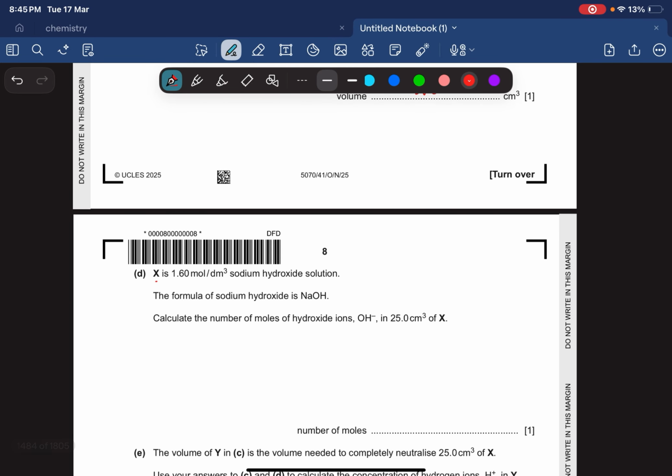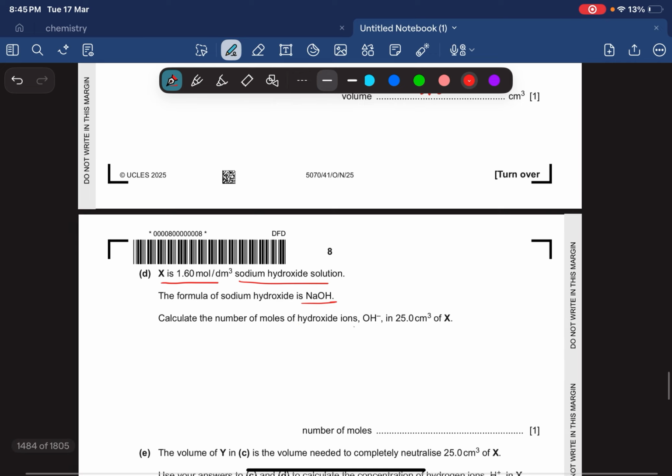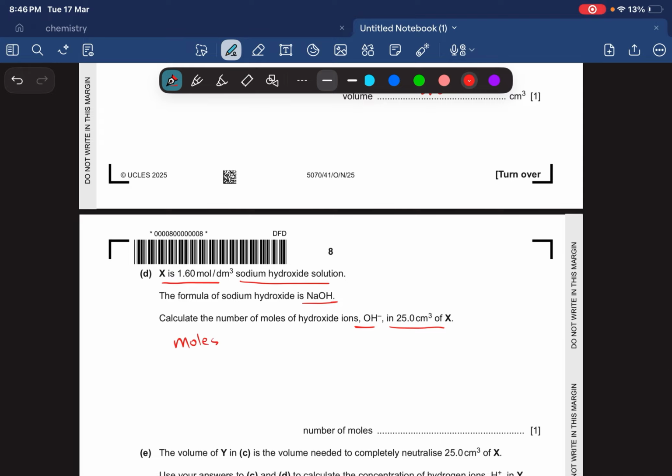X is 1.6 mole per dm cube sodium hydroxide. The formula of sodium hydroxide is this. Calculate the number of moles of hydroxide ions in 25 cm3 of X. That's simple. Moles equal to your concentration times your volume. You know concentration is 1.6 times volume is 25 upon 1000 because we take it in dm cube.